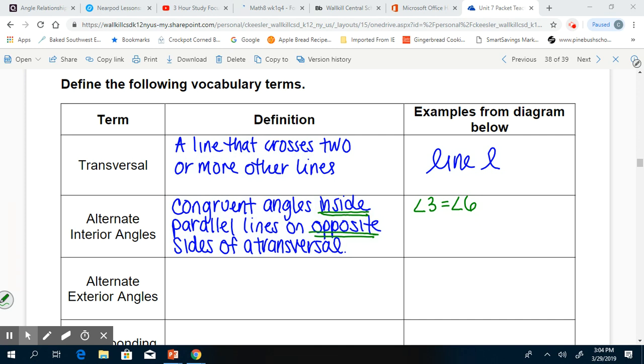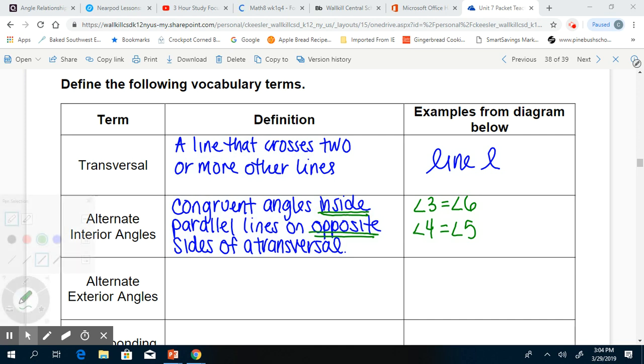There's a second pair of alternate interior angles as well. Those are the obtuse angles that are inside the parallel lines, and that would be angle 4 and angle 5. So angle 3 is congruent to angle 6 because they're alternate interior angles, and angle 4 is congruent to angle 5 because they are also alternate interior angles.